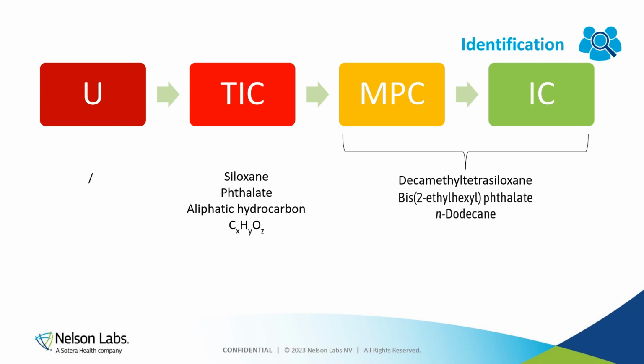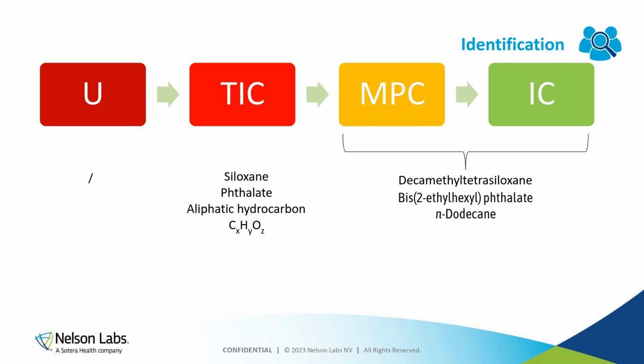Now, in case of an unknown, you don't know anything. The next identification is a TEC, a tentatively identified compound. Here you have a low hit rate with your library, so it's unlikely that this is your compound, but from the mass spectrometric information, you know a class of the molecule, or a molecular formula or composition. The third identification is an MPC, a most probable compound.